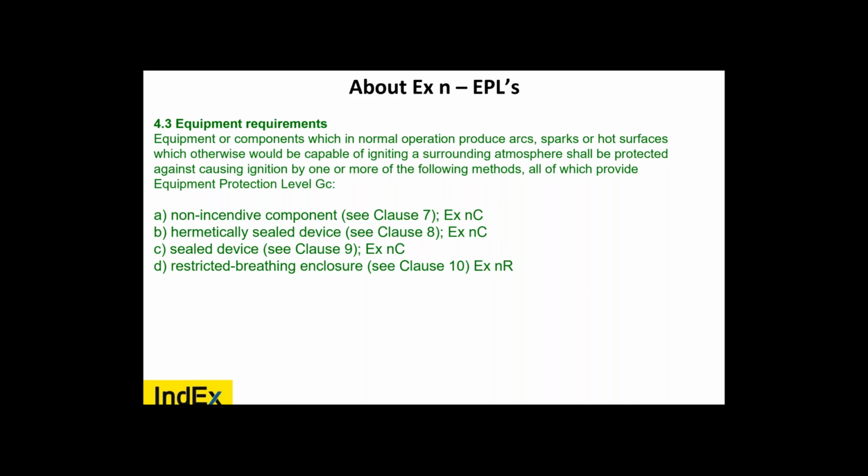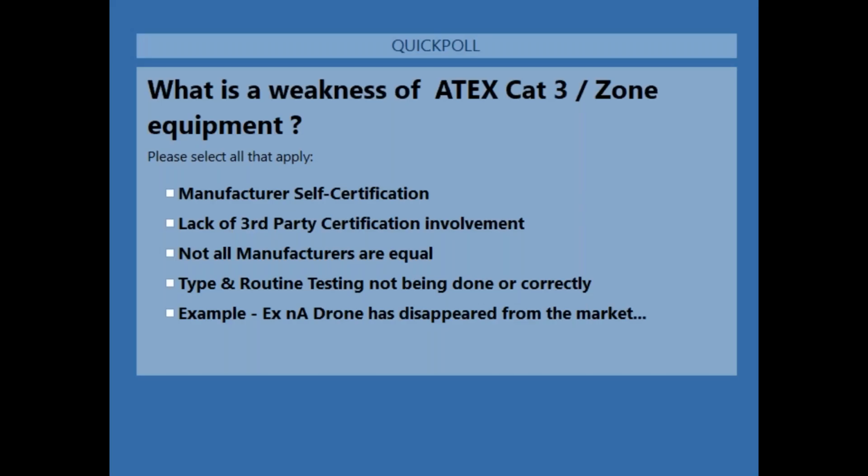Now, let me ask you a question. What is or are the weaknesses of ATEX Category 3 Zone 2 equipment? Multiple choice. Read the fifth one. That's an interesting case. There used to be the only EX drone on the market, EXNA, ATEX only.